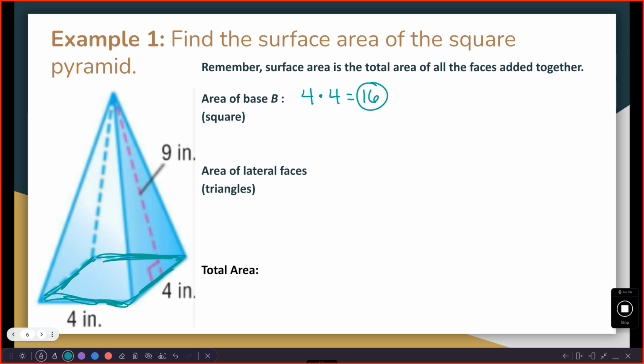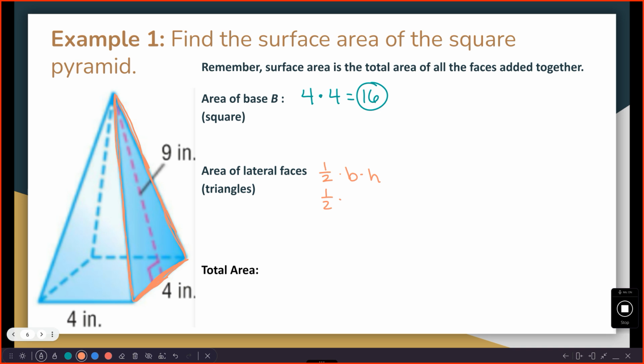Next, you're going to find the area of the lateral faces or the triangles. All right, so this is one of those lateral faces. Since this is a square pyramid, all of the triangles are actually the same size. So we're going to find the area of one triangle, in which case you do the formula 1/2 times base times height, right? That's the area of a triangle.